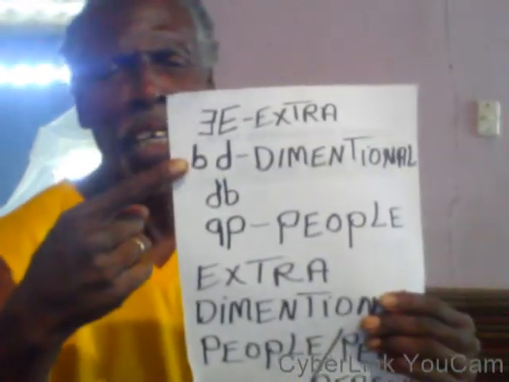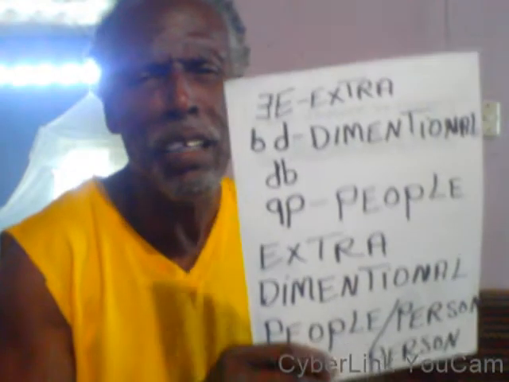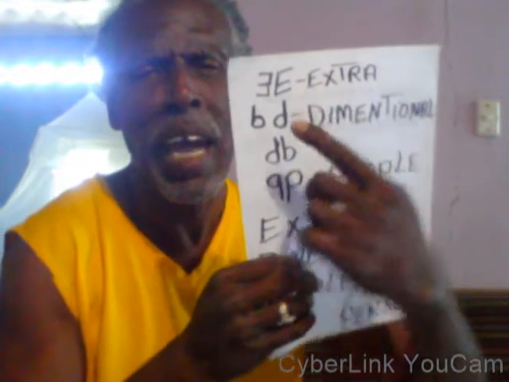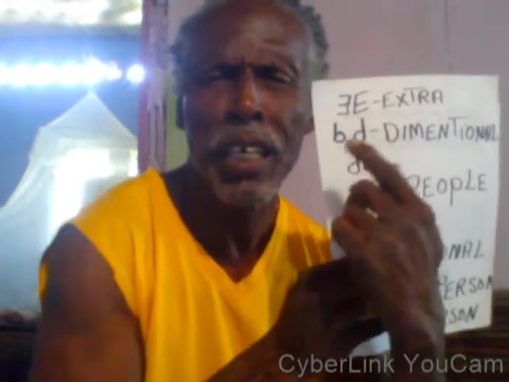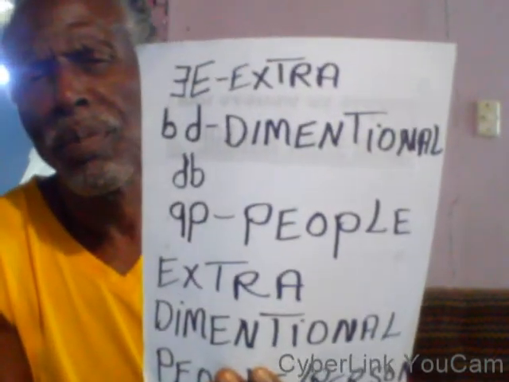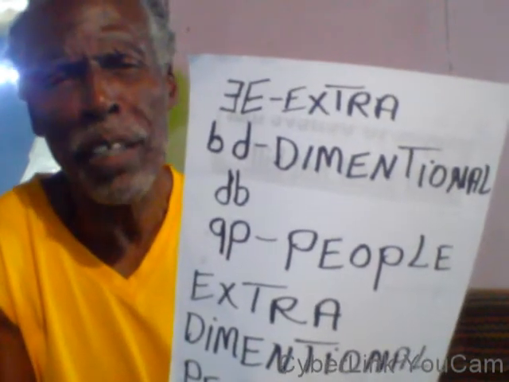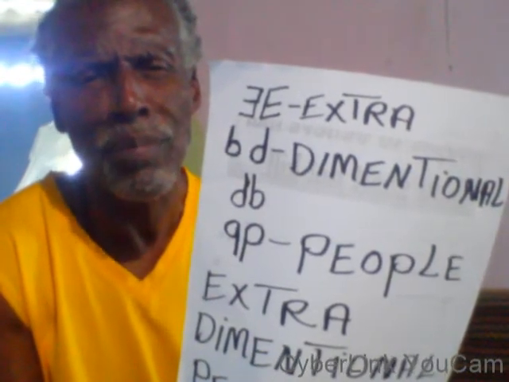Putting these 3 letters together, I came up with extra dimensional people. Look at here. Extra dimensional people. You can see it here. And you can see where I put the E back to front on top, the D back to front I got 6, and the P I got 9.